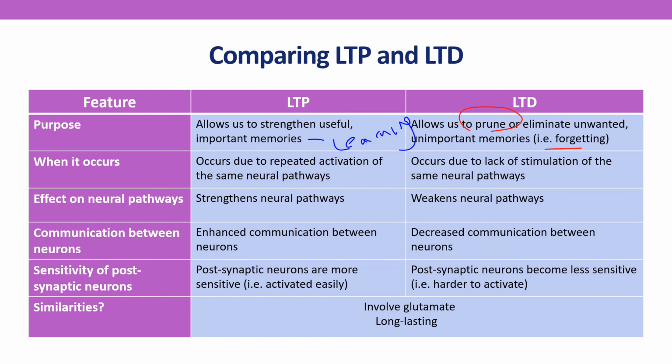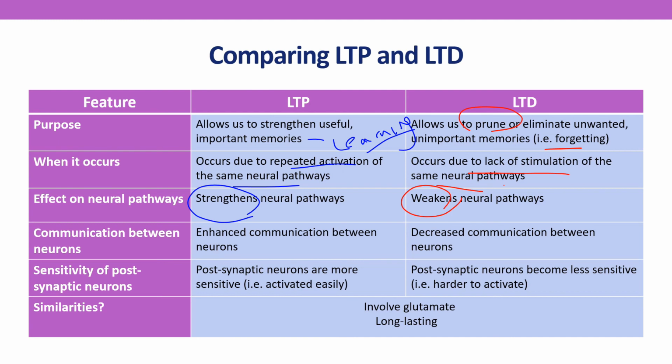That's forgetting. Okay, so we have learning and we have forgetting. When it occurs: LTP occurs when there is repeated activation of the same neural pathway. LTD occurs due to the lack of stimulation of the same neural pathway. So that means that for LTP, the neural pathway is stronger. For LTD, the neural pathway is weaker.